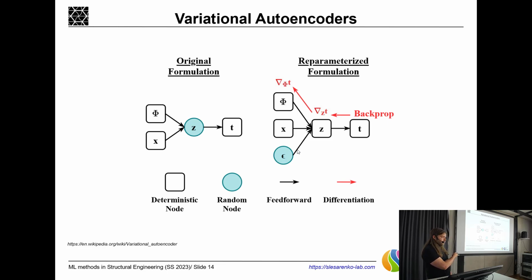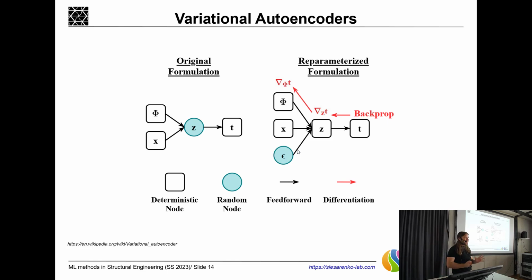Like I said, we can't do backpropagation for that. But if we get our mean and our variance, and get this tiny epsilon, sampled from a normal distribution with 0 mean and variance 1, we can multiply epsilon with our variance and add the mean.